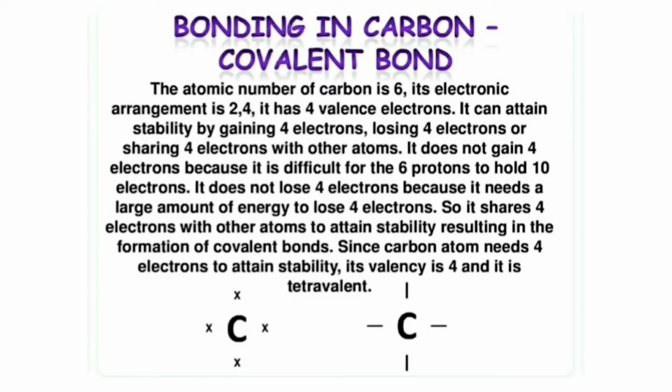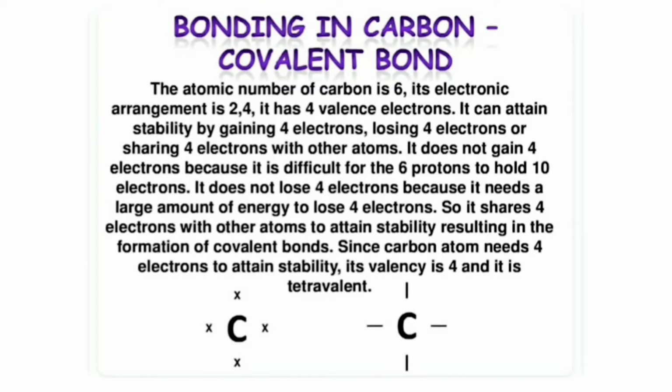Bonding in carbon: covalent bond. The atomic number of carbon is 6. Its electronic arrangement is 2,4. It has 4 valence electrons. It can attain stability by gaining 4 electrons, losing 4 electrons, or sharing 4 electrons with other atoms. It does not gain 4 electrons because it is difficult for 6 protons to hold 10 electrons.